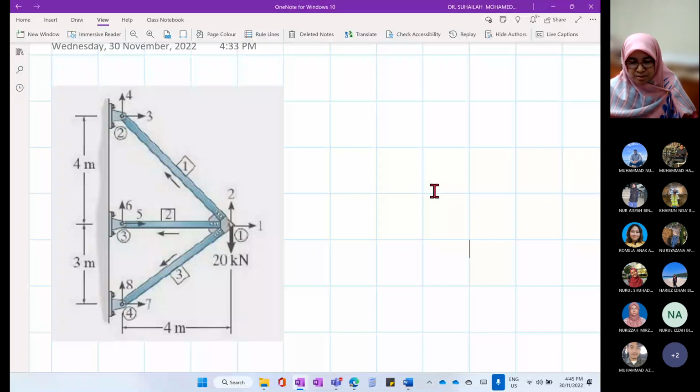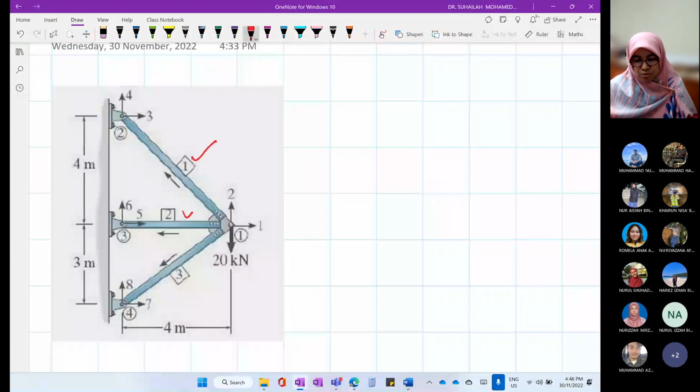So we have to analyze, for example, this truss. The truss is a structure. We analyze this by analyzing element number 1, element number 2, and element number 3 separately. After that, we will combine and we will get what we call the structure stiffness matrix.